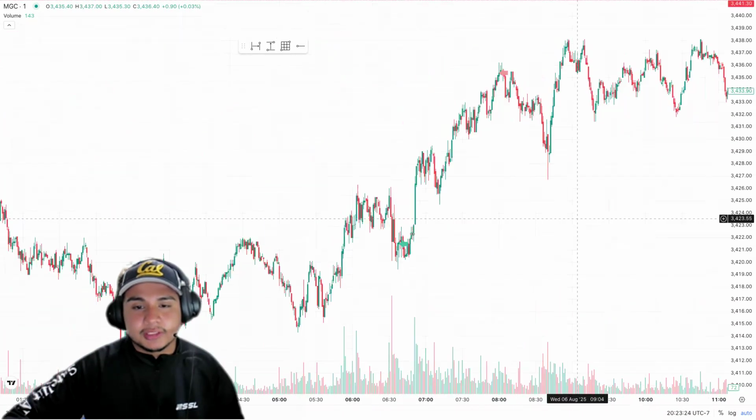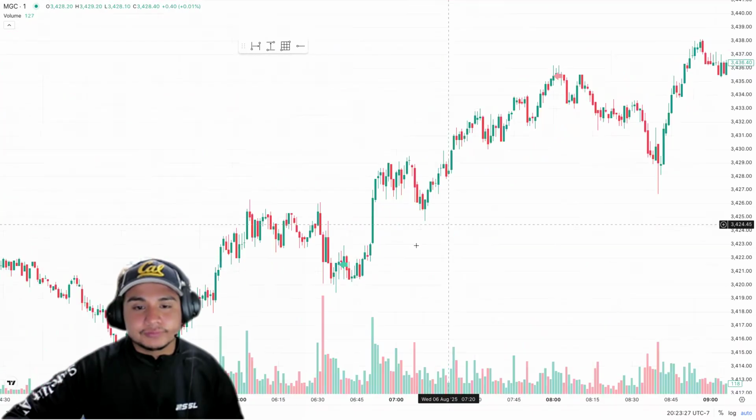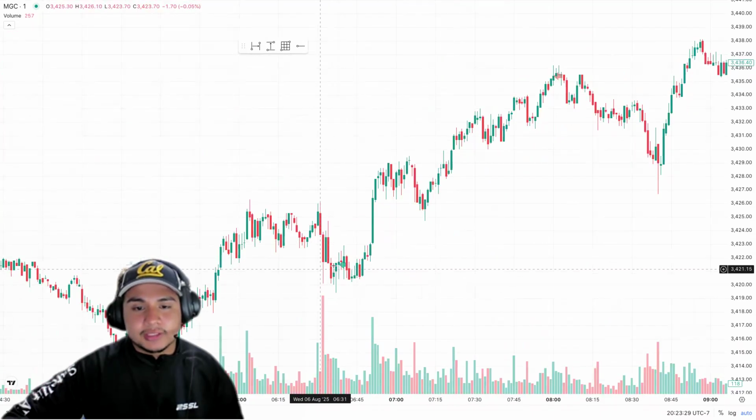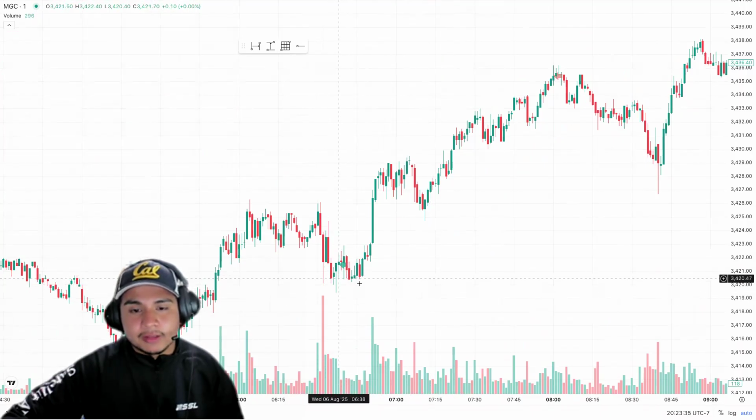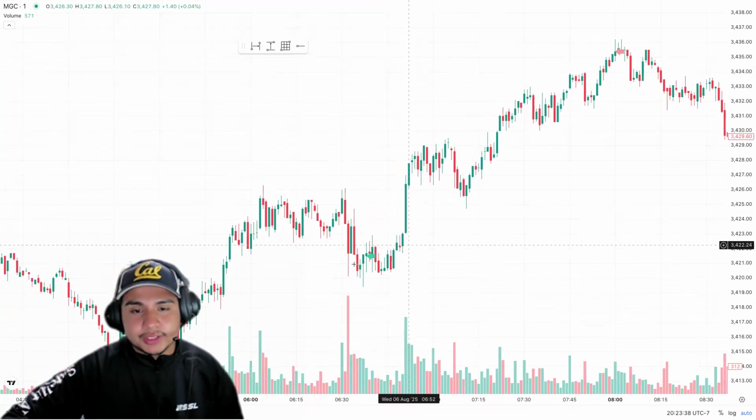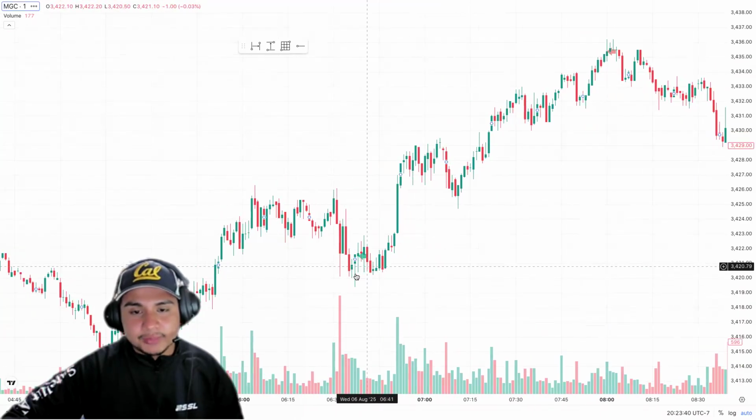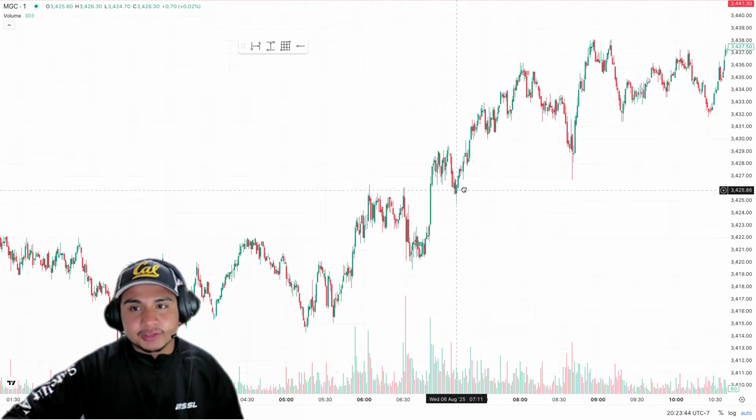So I entered down here, had actually very little push against me, minimal, before we finally made a bottom here and then we continued upwards.